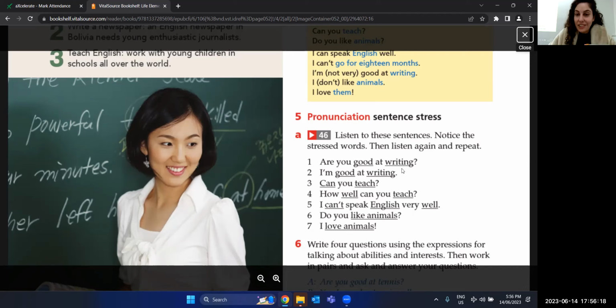It's really pushing it, showing I am good. Stress is energy to a word. You don't need to stress I'm because they know you're speaking, but you want to show that I'm good is the important part of what I'm trying to tell you. Okay, let's listen and hear the stress on the underlined words.